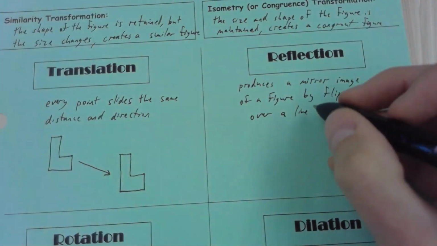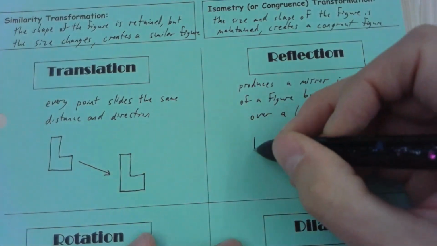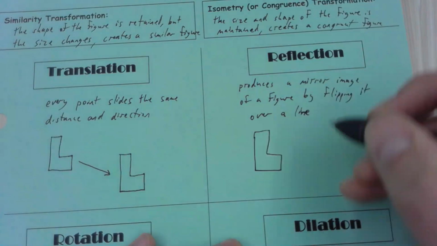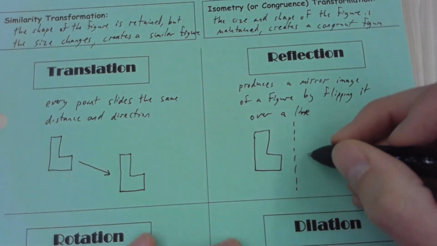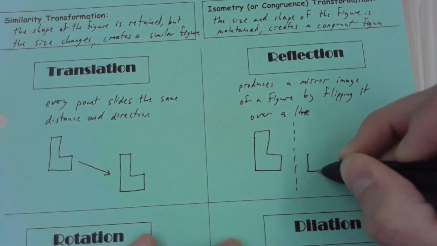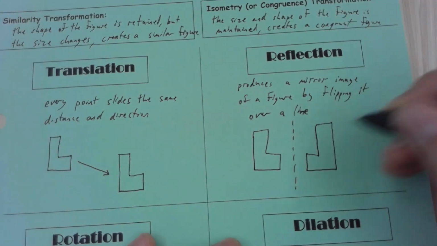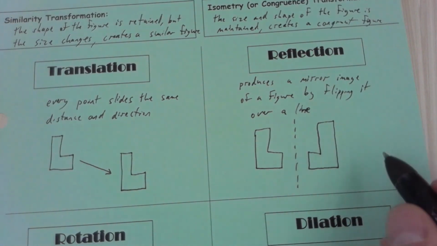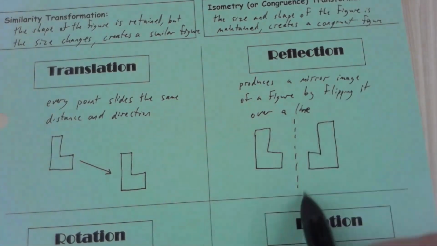This line is called the reflection line. So using that same pre-image from that last example, if I were to reflect that over this line, I would get a mirror image the same distance and same size. It's just backwards. Okay, so it gets flipped over. And my drawing wasn't perfect, but I hope you can tell this is just flipped over that mirror line, kind of like when you look at your reflection in a mirror, you see yourself backwards.